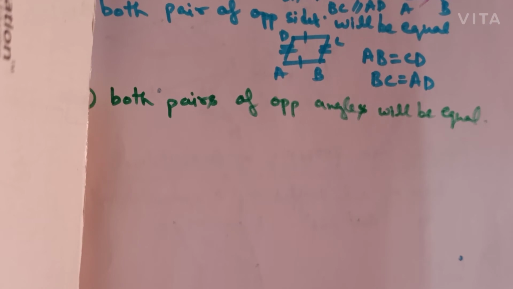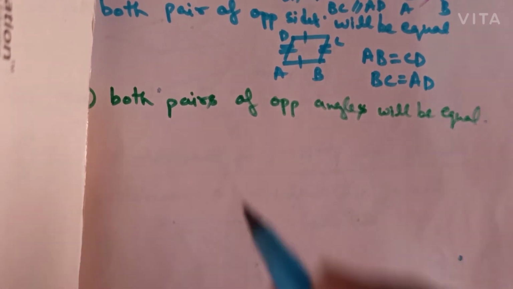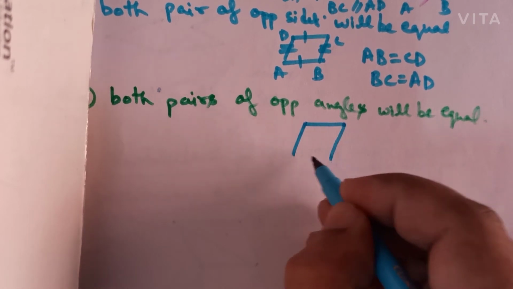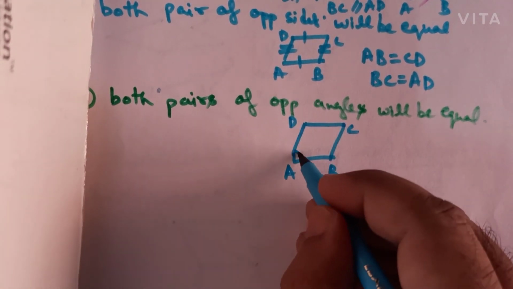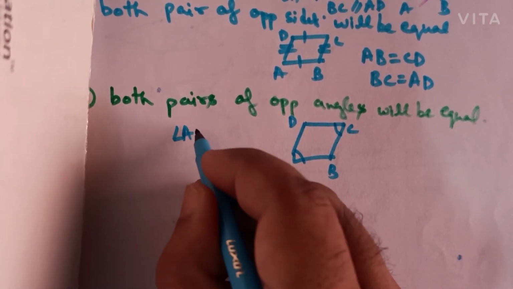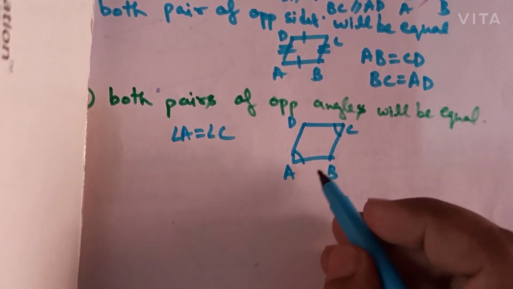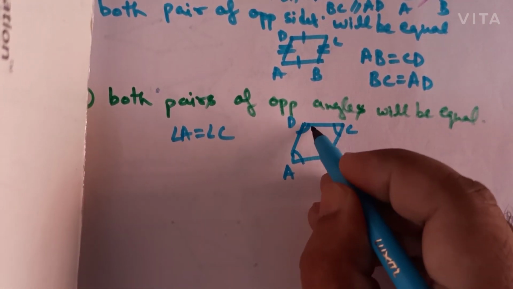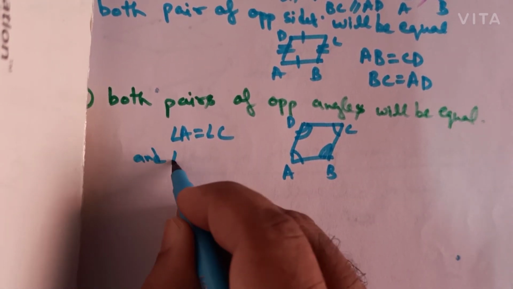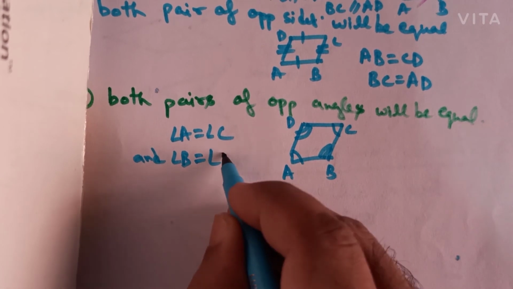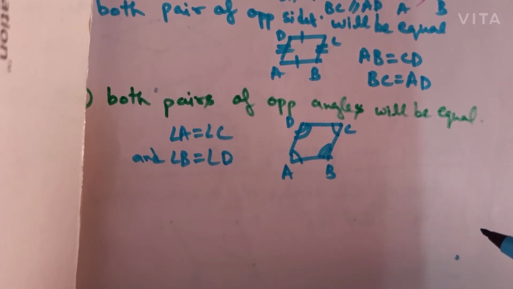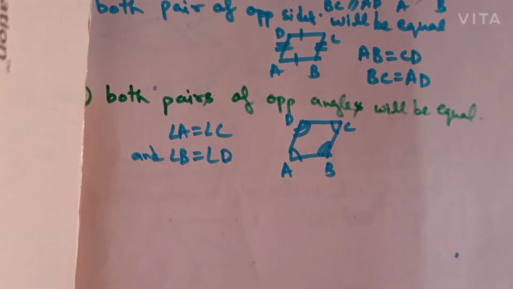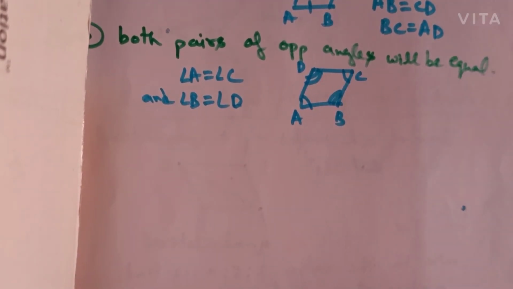Means, for example, if we talk about parallelogram ABCD, then angle A will be equal to angle C, that is the opposite angles, and angle B will be equal to angle D. Means angle A and angle C are the opposite angles, so they will be equal, as well as angle B and angle D are also the opposite angles, they will also be equal. So both pairs of opposite angles will be equal. This is property number 3. Okay.